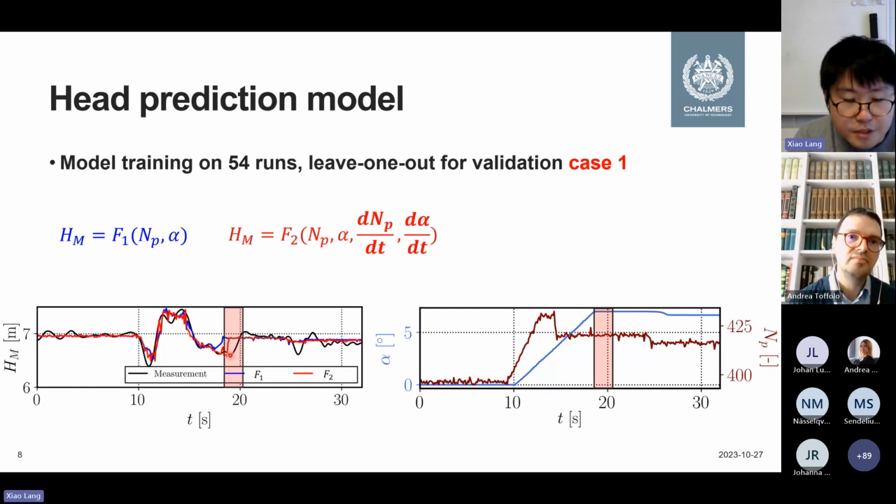So we should find the reason, and we focus on this time period. In these figures, the blue color is the gate opening, and the brown color is the pump speed. As you see in this period, the gate opening and the pump speed remain constant. But why does the height gradually change to the stabilized conditions?